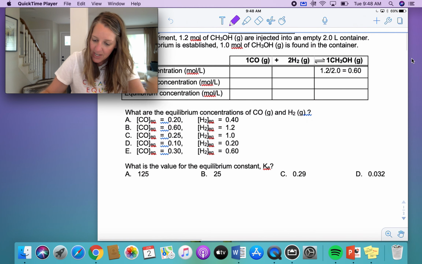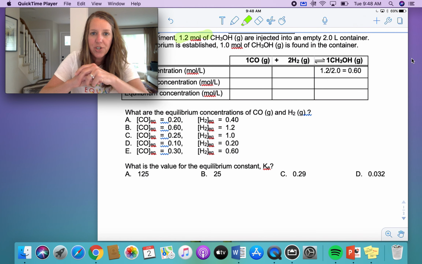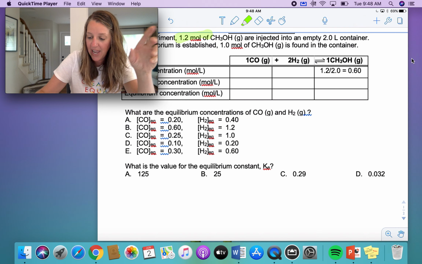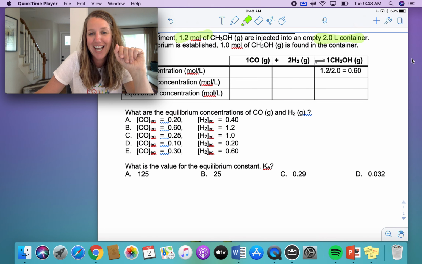Okay, so in an experiment, 1.2 moles of SCH4UI gas are injected into an empty 2-liter container. Ooh, that was the trick in this question. You had to recognize that your concentration in moles per liter would be 1.2 divided by 2 to give you 0.60 moles per liter.